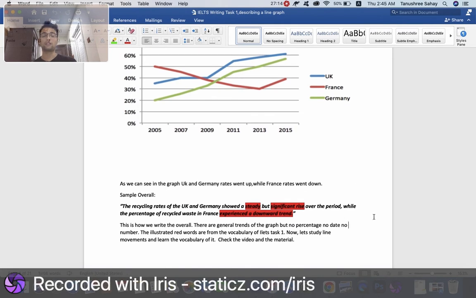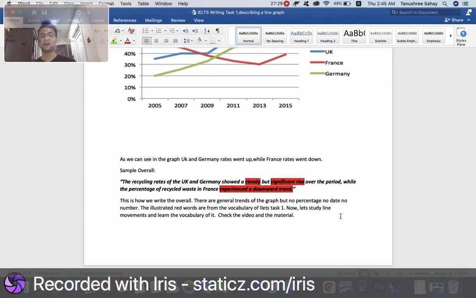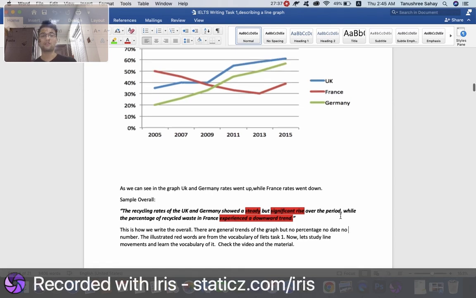Downward trend and upward trend have many other synonyms, so you can learn them by heart and use them quickly when you need them in your writing. So this is how we write the overview: there are general trends of the graph, but no percentages. As you can see, we have 3 features, which means we have 3 countries.